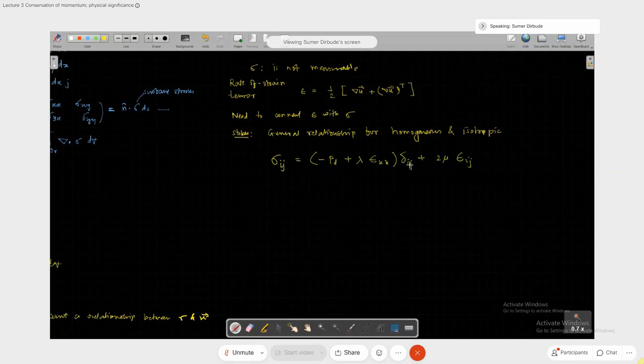So sigma is connected to epsilon ij through this relationship, where p_d is your thermodynamic pressure.